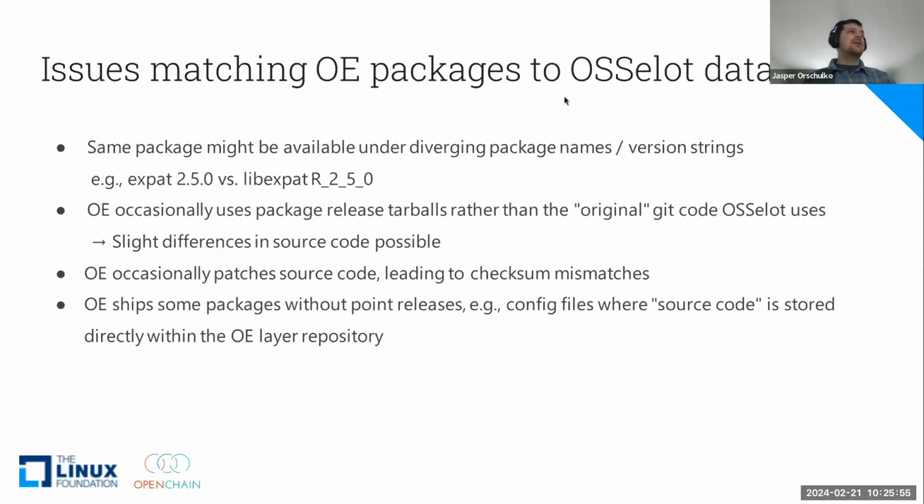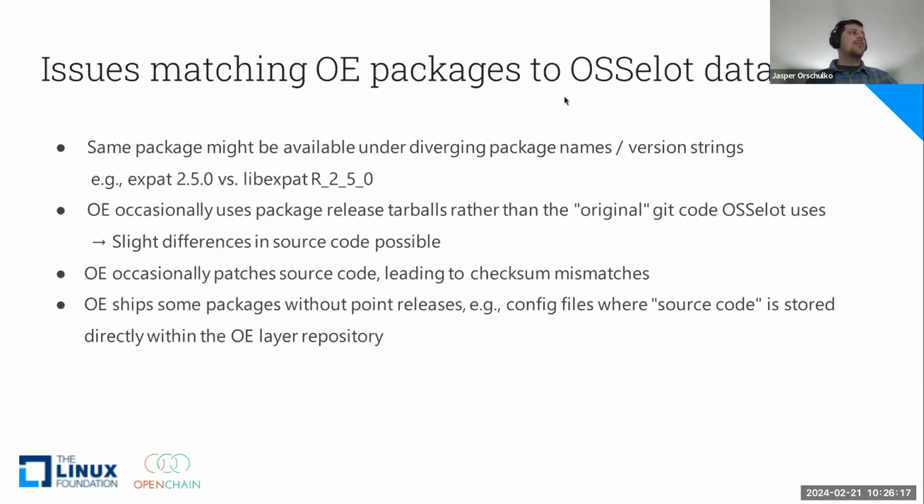Then another issue we ran into is that occasionally OpenEmbedded will use package release tarballs rather than the original Git code, and OSSelot instead will use the Git code. Basically it will use archive tarballs from GitHub or the various original Git repositories.